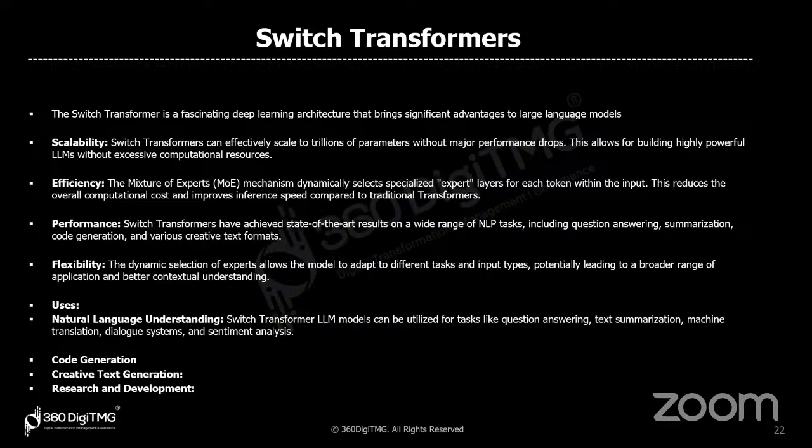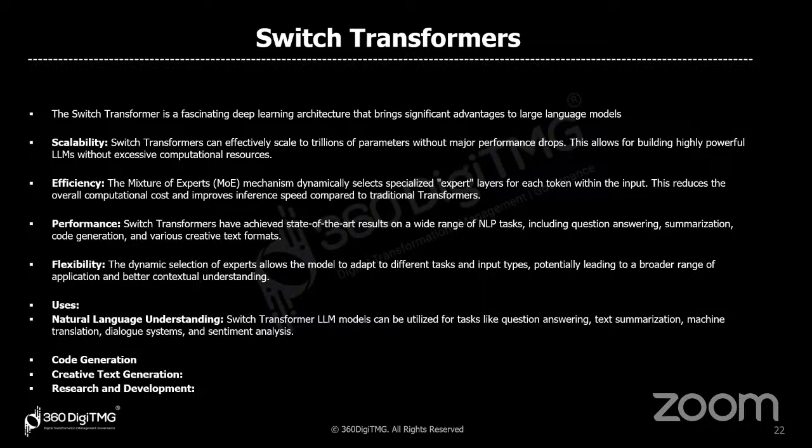Then there is the switch transformer. The switch transformer is a fascinating deep learning architecture that brings significant advantages to an LLM. First of it is scalability. The switch transformer can effectively scale to trillions of parameters without major performance drop.